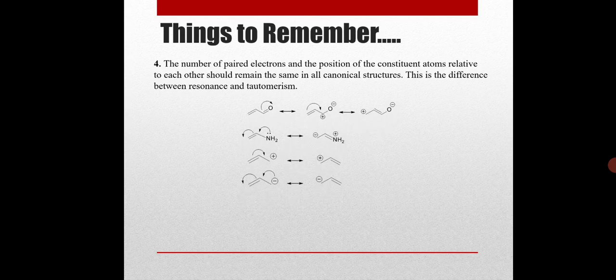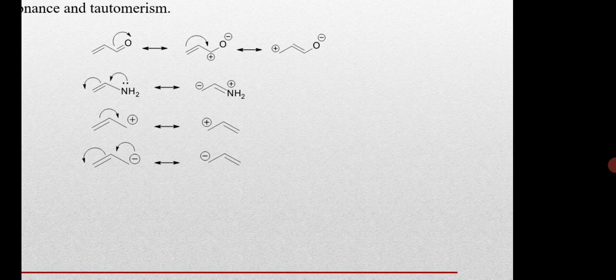Just see that the first one is an alpha beta unsaturated ketone. Here all the canonical structures have the same number of electrons, and the position of all the atoms remains the same in all canonical structures.